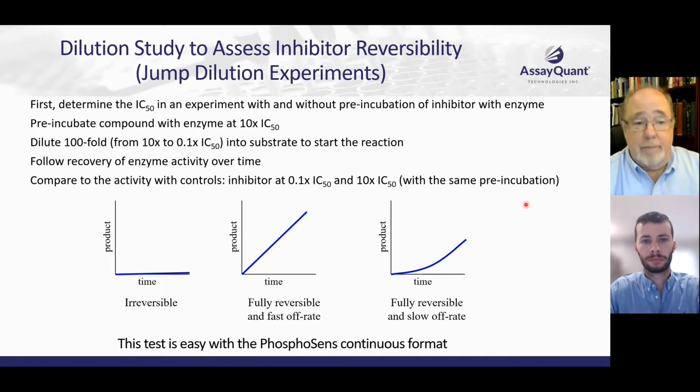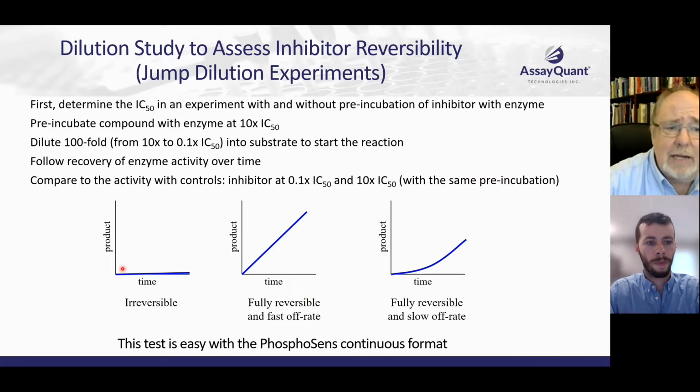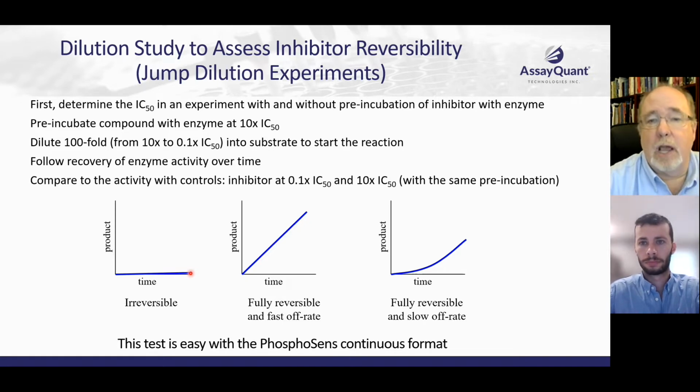So now you look at your data. If you don't see any recovery at all over time, that means the compound is not coming off the enzyme. It's an irreversible inhibitor, or at the very least, it's an inhibitor that is not coming off the enzyme during the time frame of your experiment.